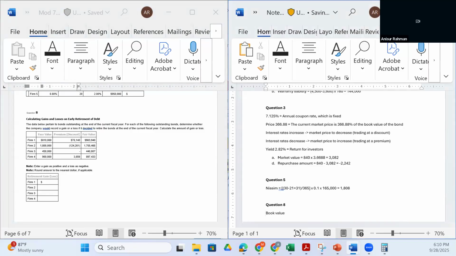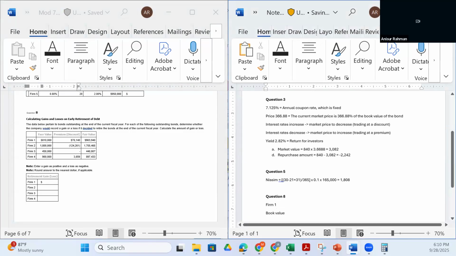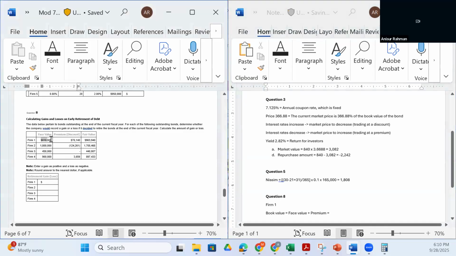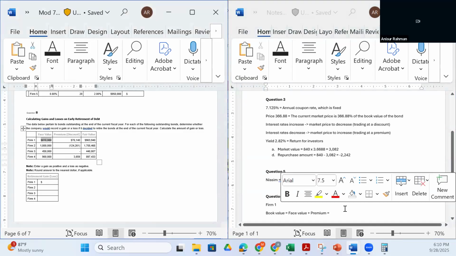Let's solve for firm 1. So the book value of the bond is your face value, plus if there is a premium, or if there is a discount, you have to subtract. So we have 810,000 here.